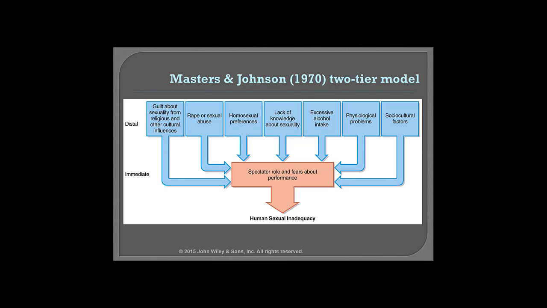These are all the things that can happen before a person gets into a situation where they're going to engage in sex. Guilt from religion, religious mores or cultural mores, a past history of rape or sexual abuse, a lack of knowledge about sex, physiological problems, sociocultural factors, anything that you might feel guilty about or that might impact that encounter.